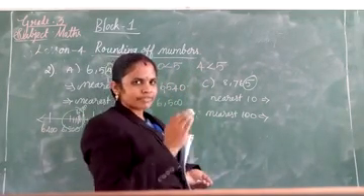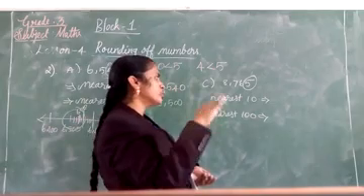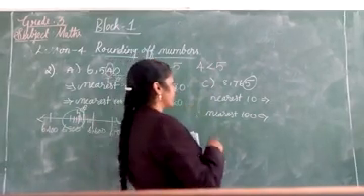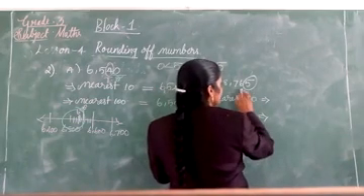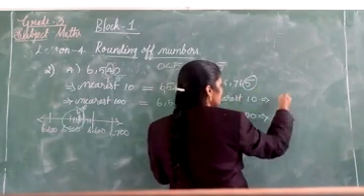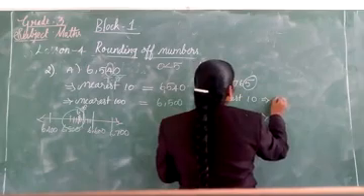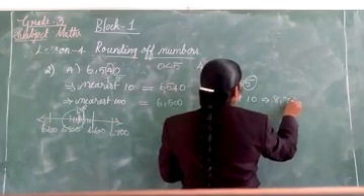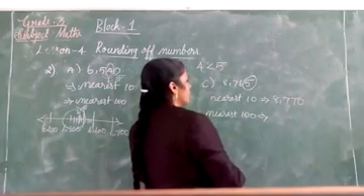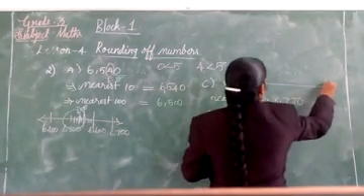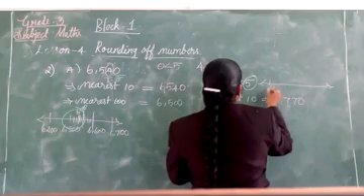If the digit is 5 or greater than 5, we should round up the number. Okay, so 65 nearest to 10, then 70 will be there. Therefore, nearest to 10 is 8770.